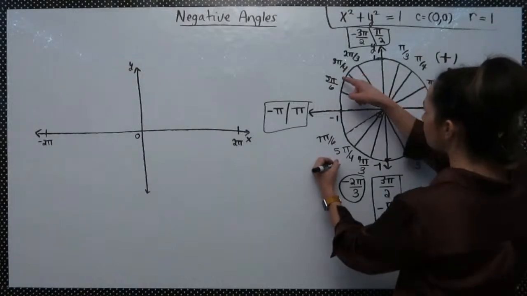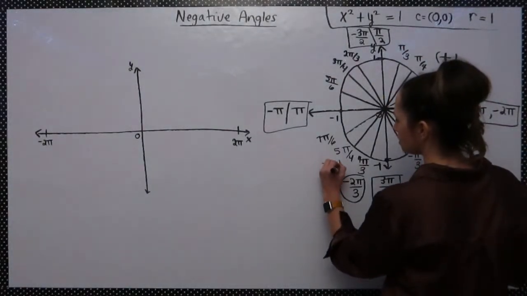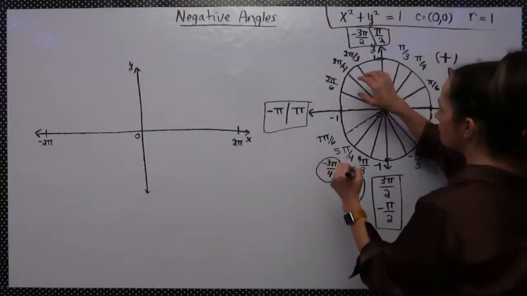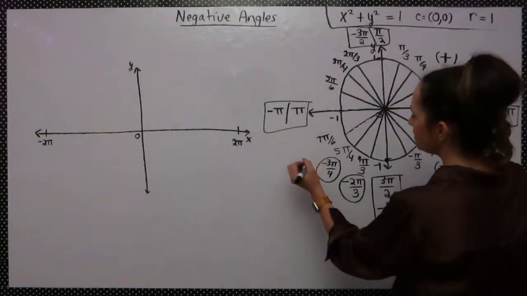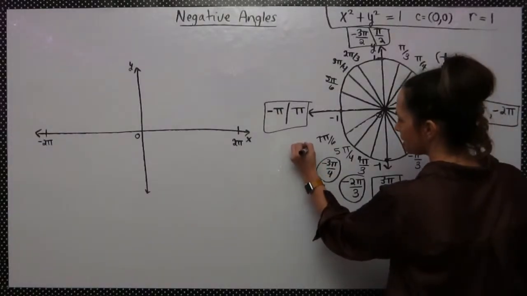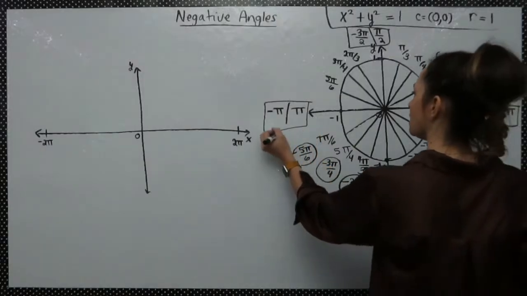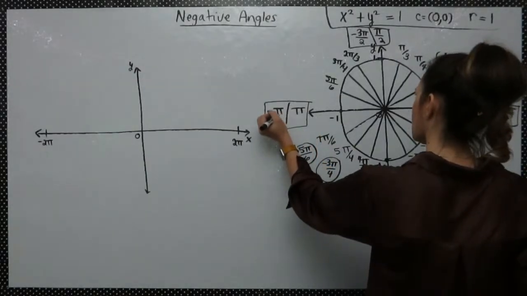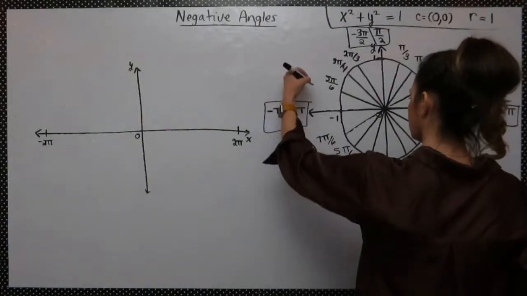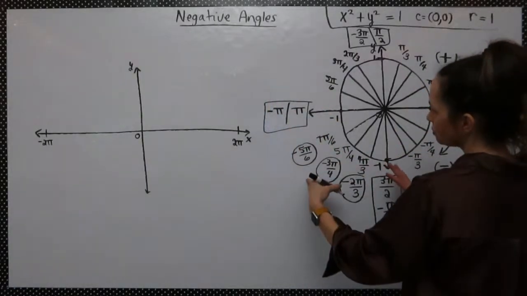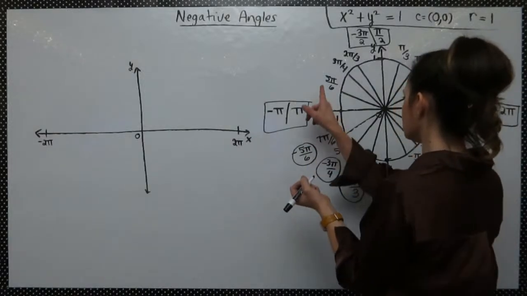5 pi over 4 would be negative 3 pi over 4. And then 7 pi over 6 would be negative 5 pi over 6. Negative 5 pi over 6. And then we're at negative pi. And then we would be here. It's like the second and third quadrants are flipped. So let's see here, 5 pi over 6.